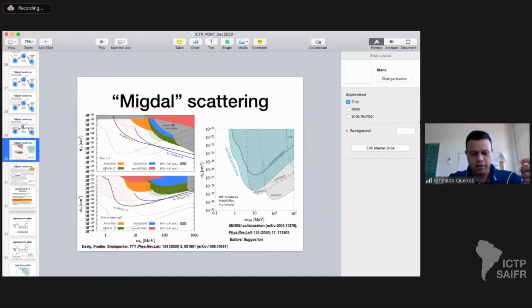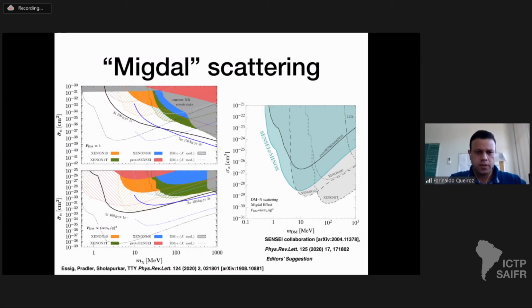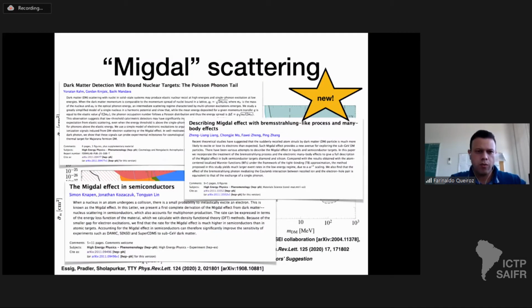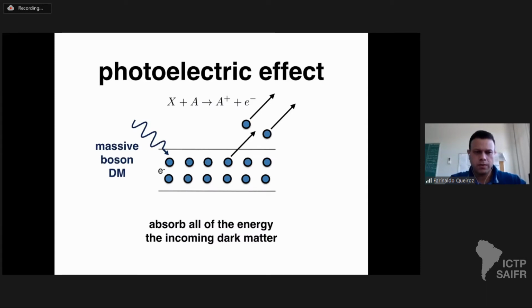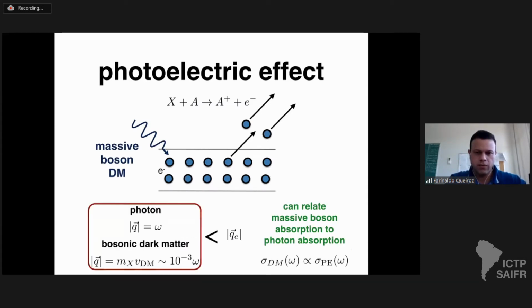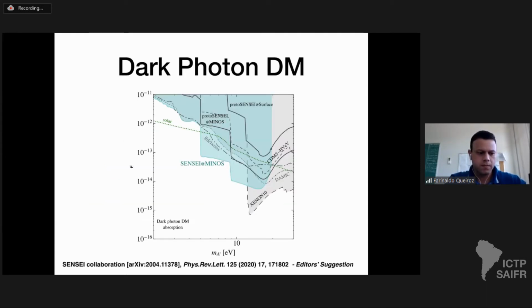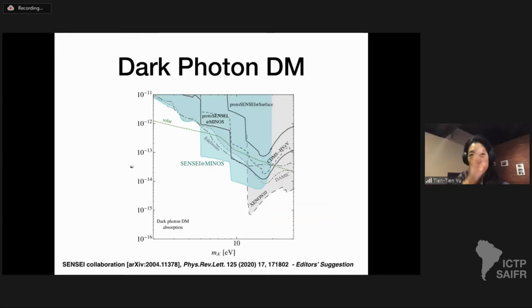Okay, so I do have a question about this one. For the case of the bosonic absorption, how do you know whether it was dark matter which was absorbed or some photon? What's the signature? With dark matter, it's going to be a very beautiful peak at the dark matter mass.